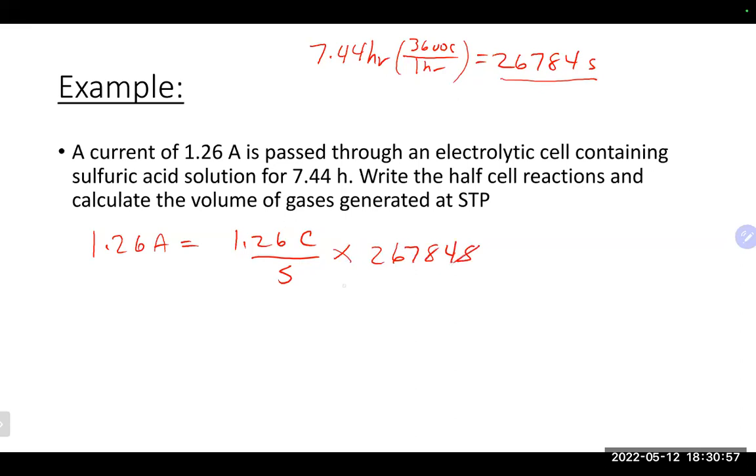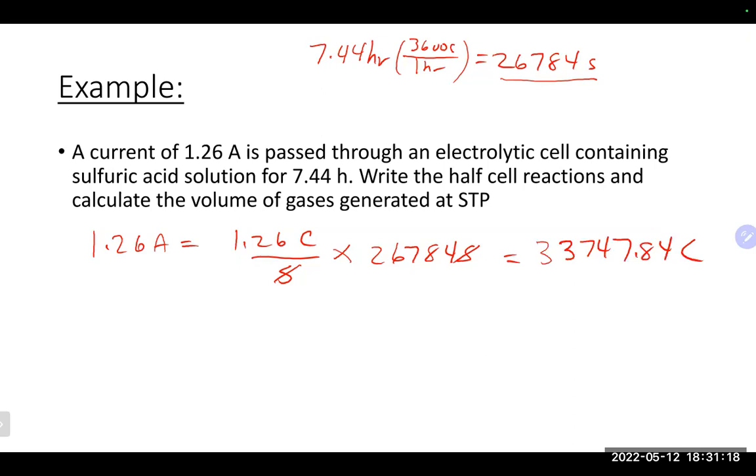That's going to cancel out the seconds, and we will end up with, looks like, calculator's hard to read, but I think it says 33,747.84 coulombs.